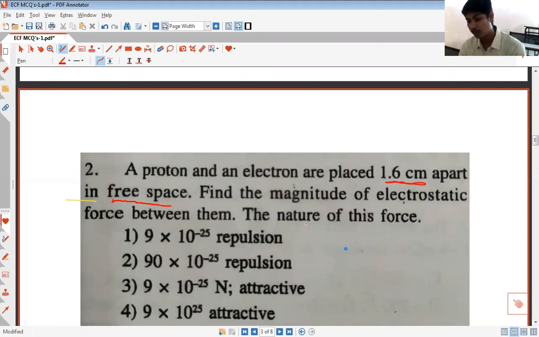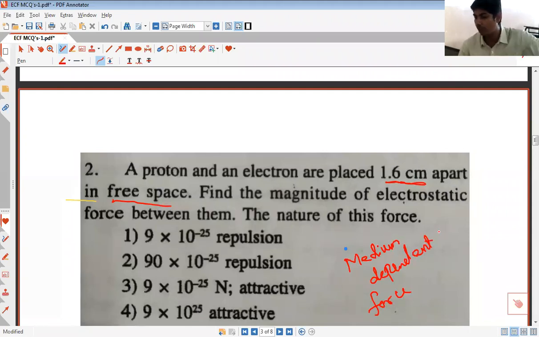See, this becomes most important as far as Coulomb's force is concerned. Coulomb's force is a medium dependent force. So they must specify the medium in which the charges are placed.